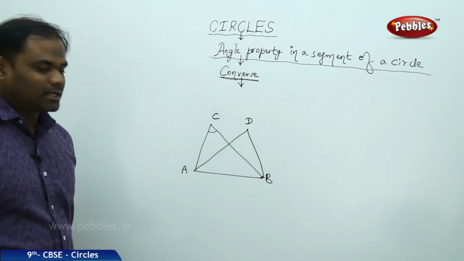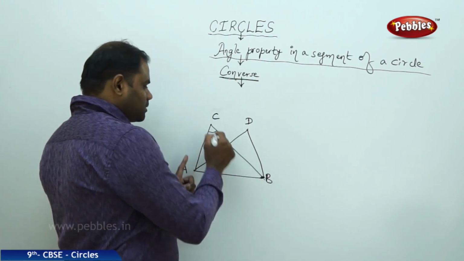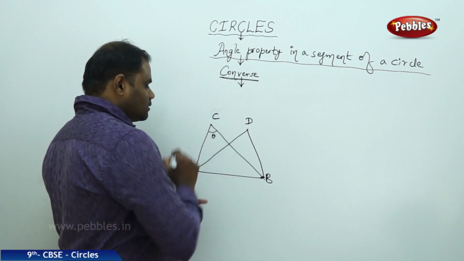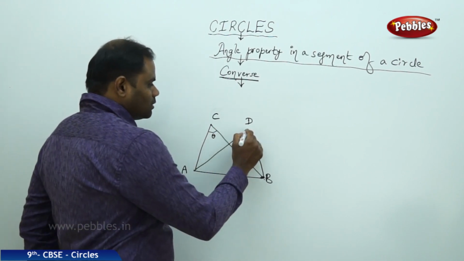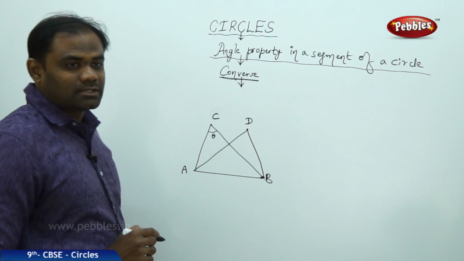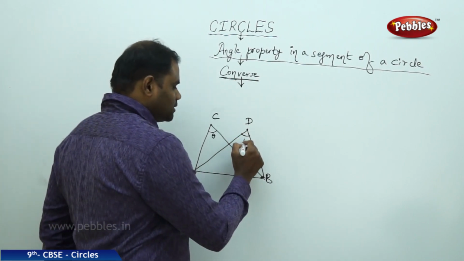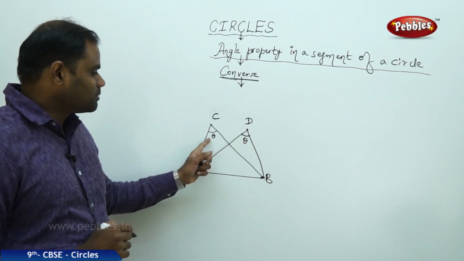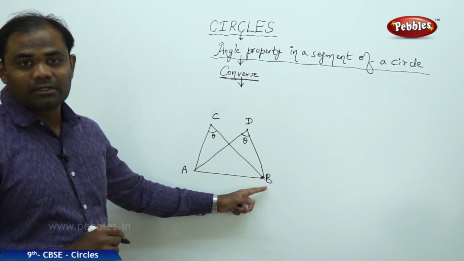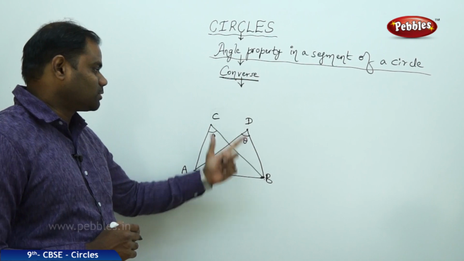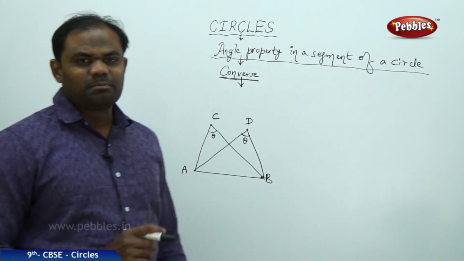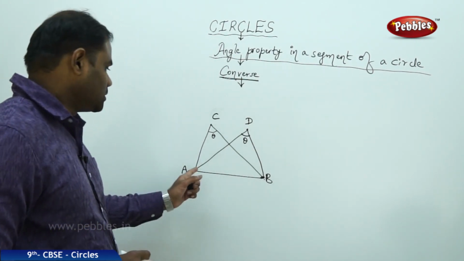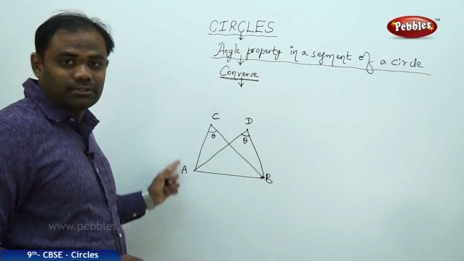So the property says that if the chord AB subtends angle theta at C, and the chord AB subtends the same angle at D, then it is perfectly possible to draw a circle passing through all the 4 points.